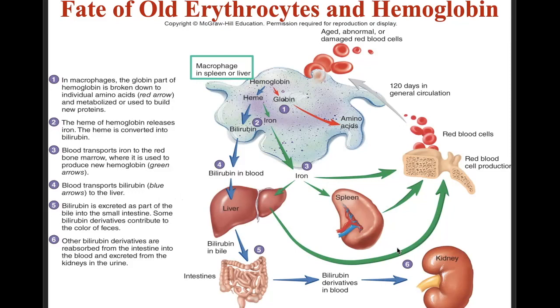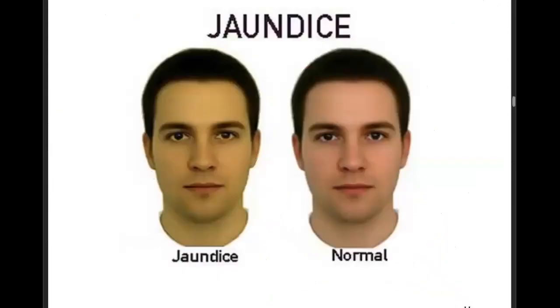But what will happen if there is an occlusion, or the distribution of bilirubin is being hindered? We have what we call jaundice. Jaundice happens if the liver is not functioning normally, or the flow of the bile from the liver to your small intestine has an occlusion.